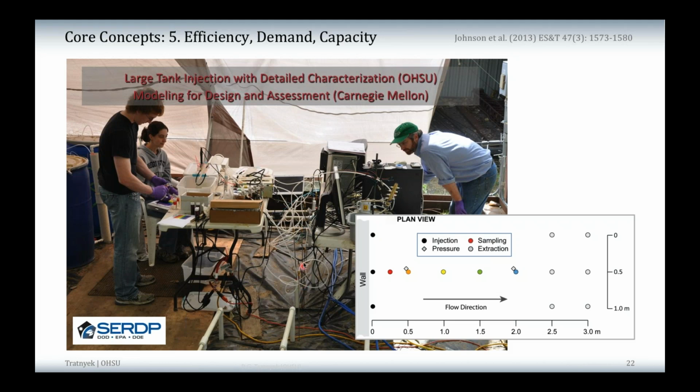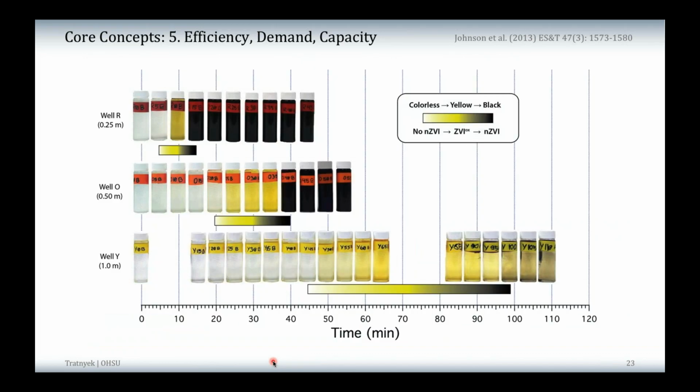These are little sample wells along this gradient here, and those correspond to these colored symbols here. And this is the direction of groundwater flow, which was from back to front here. We did an NZVI injection and then pulled water from the sample wells here. This is the nearest one, 0.2 meters, 0.5 meters, and 1 meter. And then you can just visualize as the NZVI breaks through.